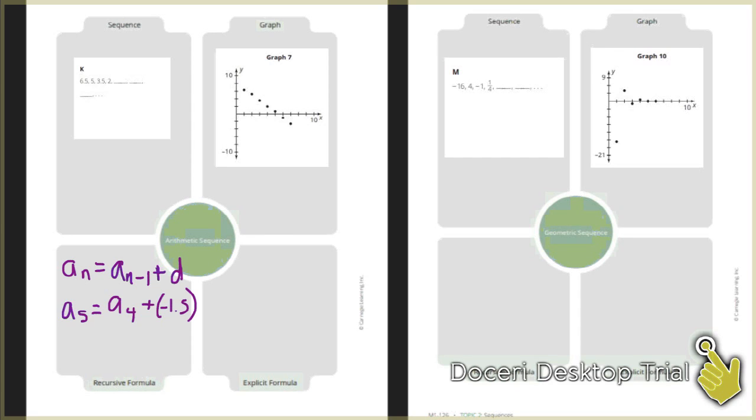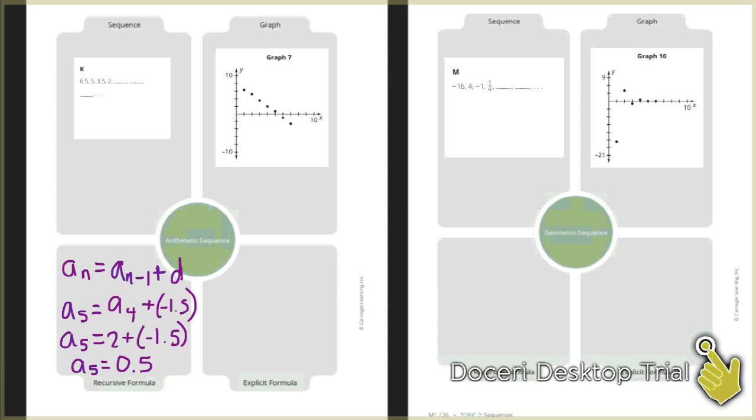Well, the 4th term was 2, so a_5 is 2 plus a negative 1.5, which gives us the fifth term to be a half, which you would already have yours filled in and you would know that it's a half, but the recursive formula would prove it. Then you're going to go over to the explicit formula.